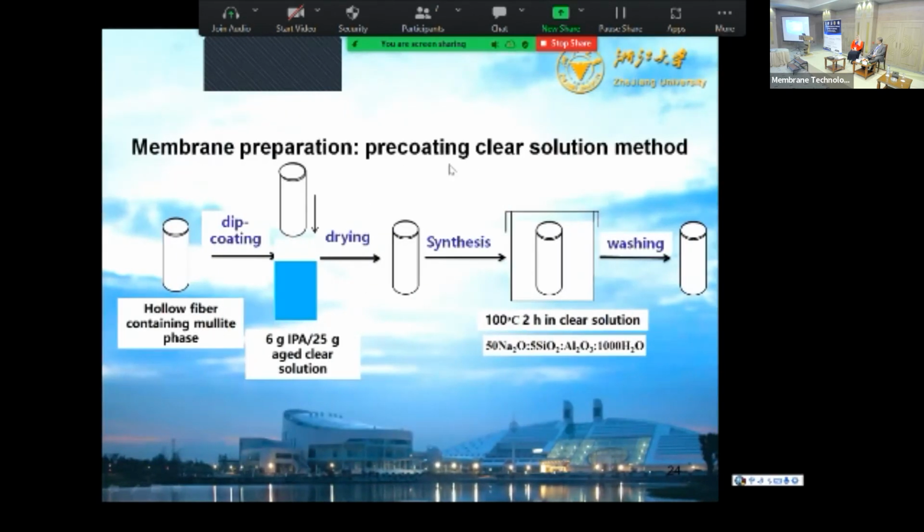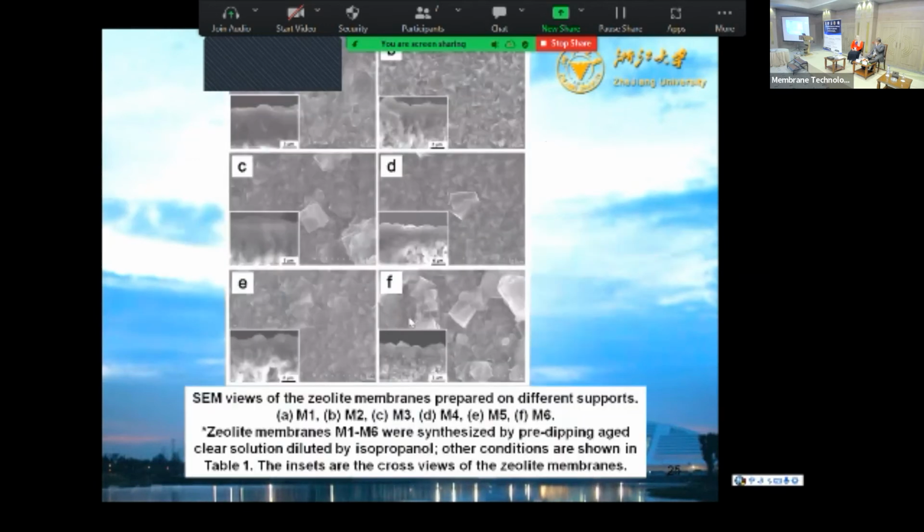We use a pre-coating clear solution method to synthesize zeolite A membrane on this kind of support. It means we put the hollow fibers in the aged clear solution first, then we dry it and do synthesis in the clear solution. Then we can get a dense membrane.